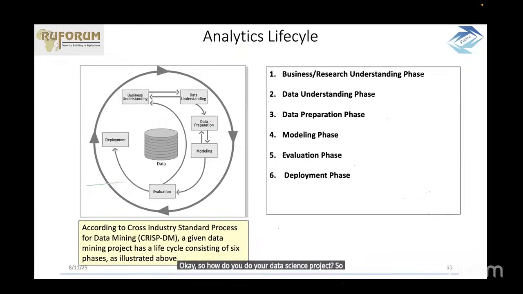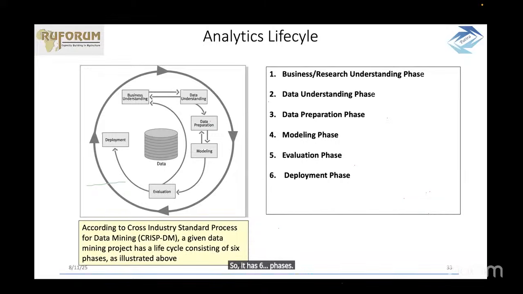A group came up with guidelines for doing a data science project. It's called the Cross-Industry Standard Process for Data Mining, and it has 6 phases.